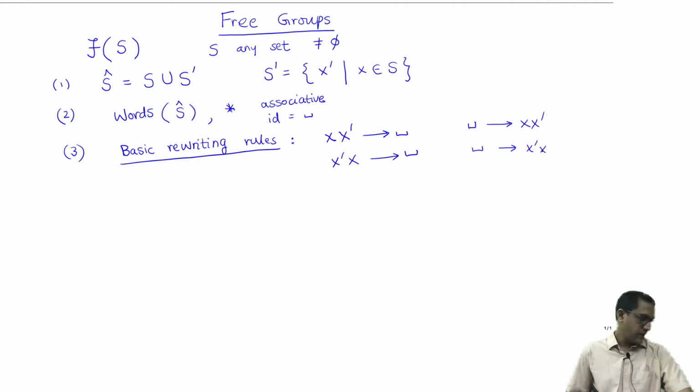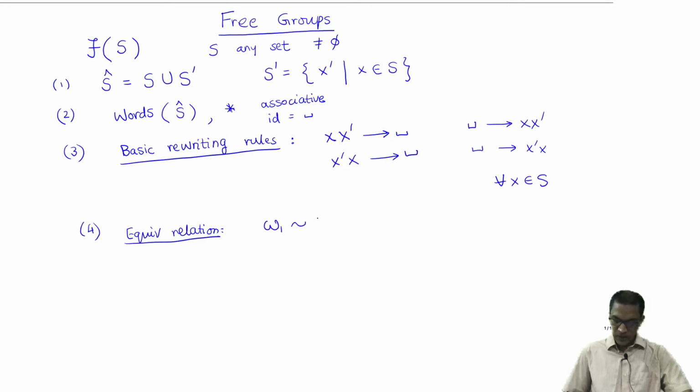Okay, and we define the following thing. For every X in S, we defined an equivalence relation on words as follows. Two words W1 and W2 are said to be equivalent, or related to each other, if I can go from W1 to W2.